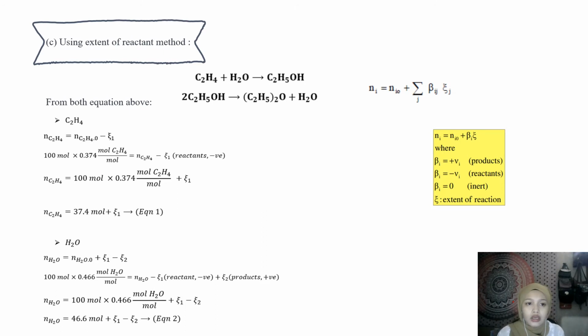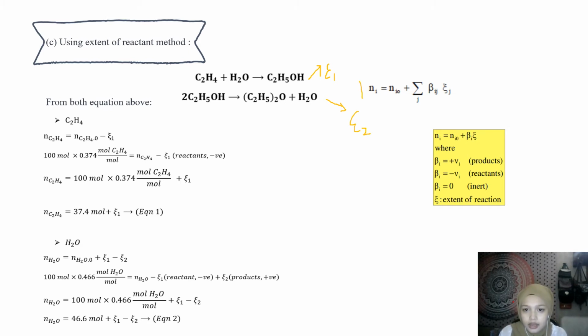Okay, for question C, we were asked to validate our answer using the extent of reaction method. The first thing to know when using the extent of reaction method is that in this question we have two reactions. The first reaction we call extent of reaction 1, and the second reaction we call extent of reaction 2.